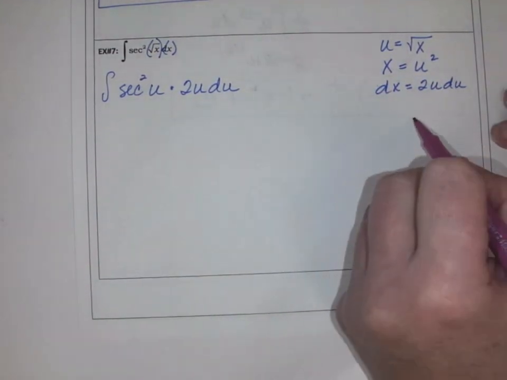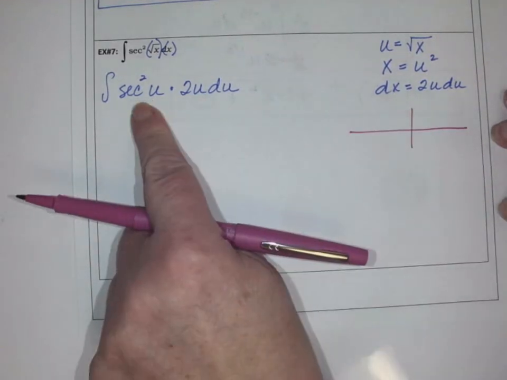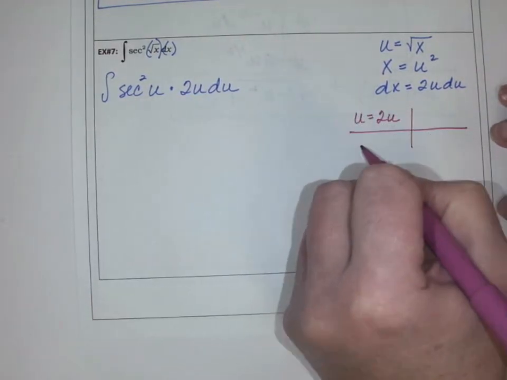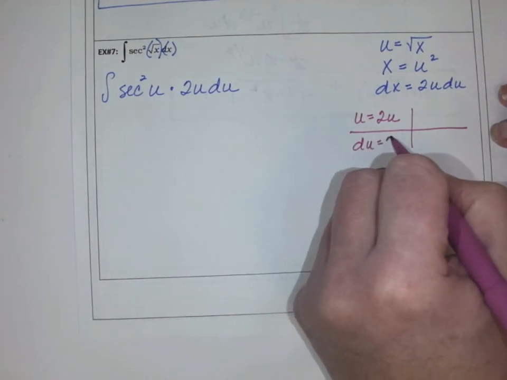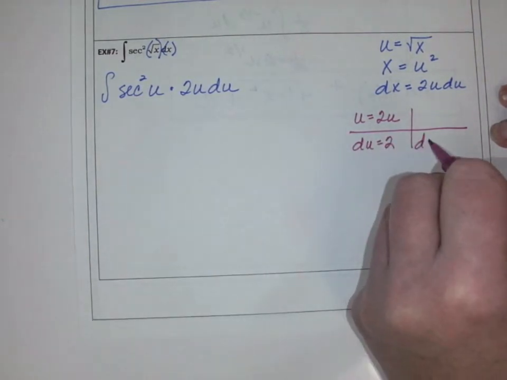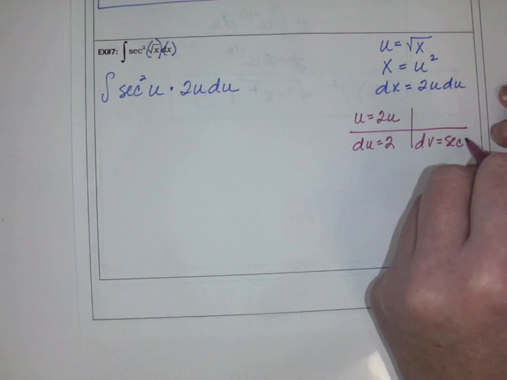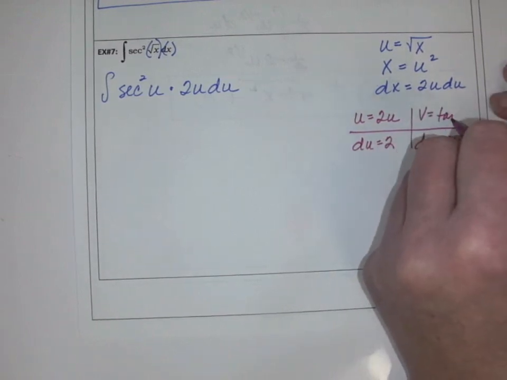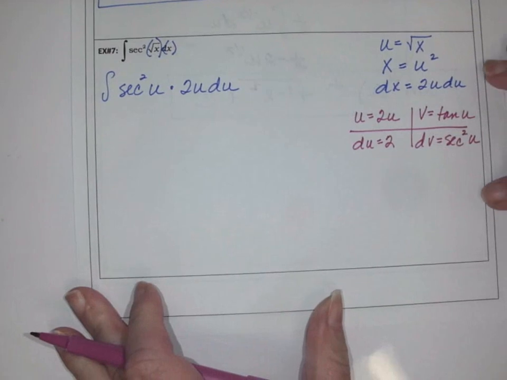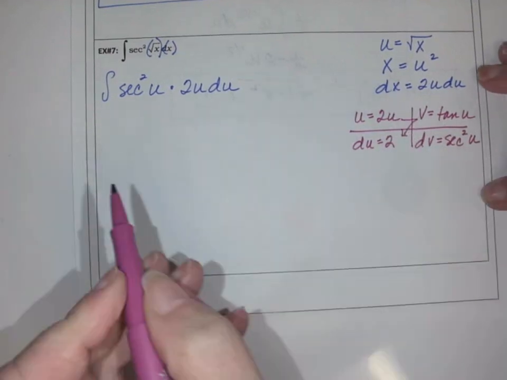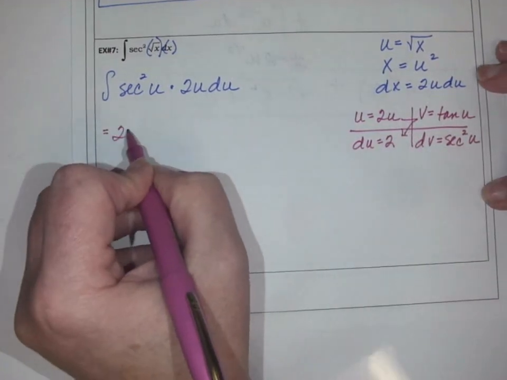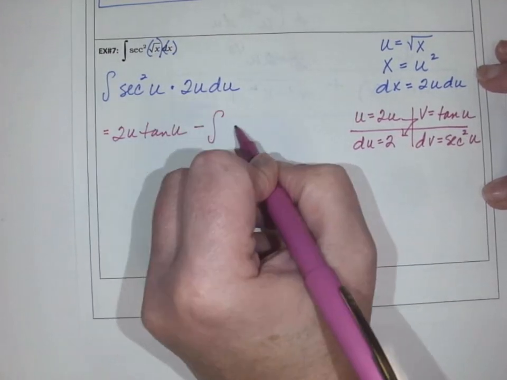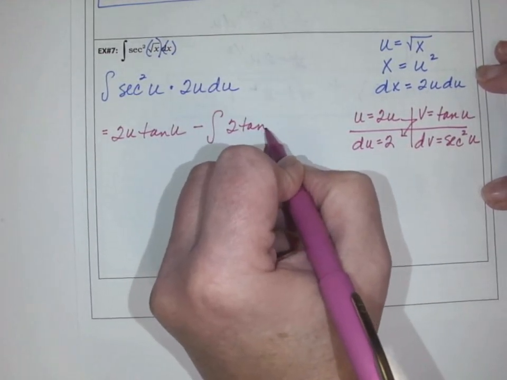According to LIPET, polynomials come before regular trig, so u is going to be 2u, du is going to be 2, dv is going to be secant squared u, and the antiderivative of secant squared is tangent. So going across into the diagonal, we end up with 2u tangent of u minus the integral of 2 tangent of u du.